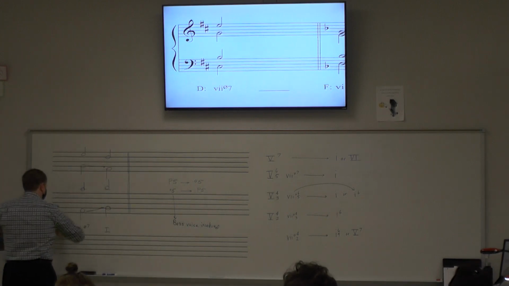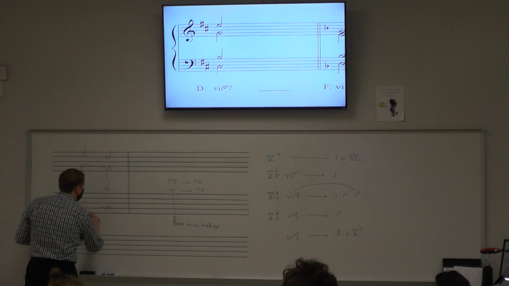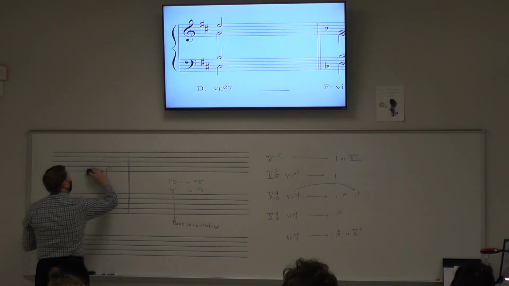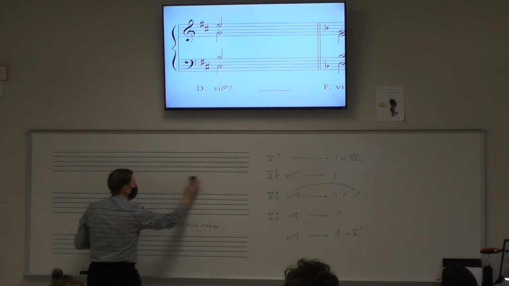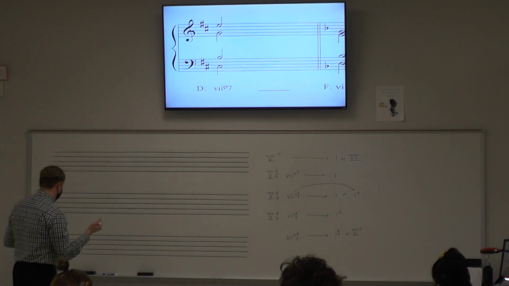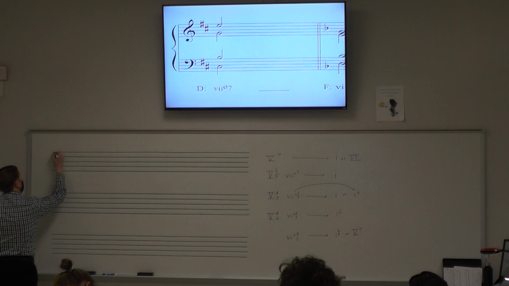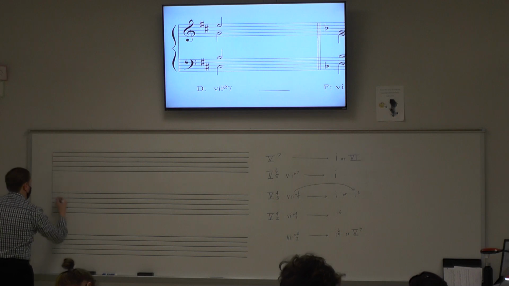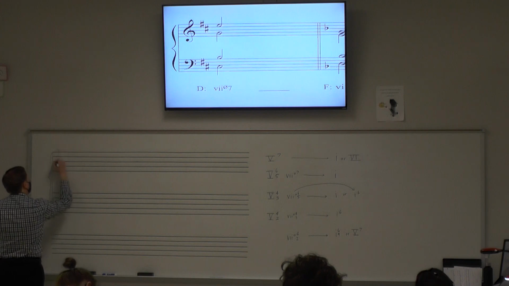And second of all, I want you to help me part write it so that we resolve the tendency tones, but at the same time do not have any parallel fifths in the process. So, if you want to start doing your part writing on your sheet, you're welcome to. I've got to put up a staff here with the other key signatures.